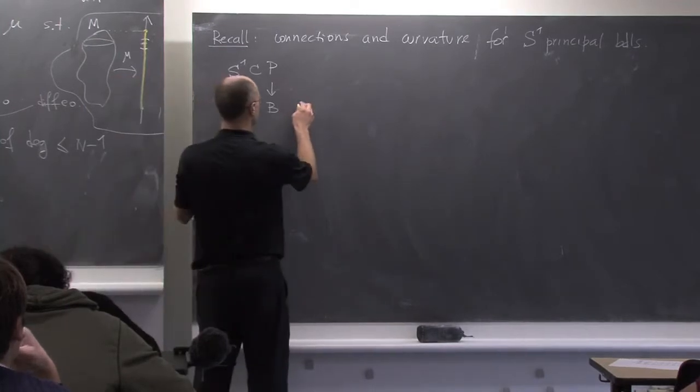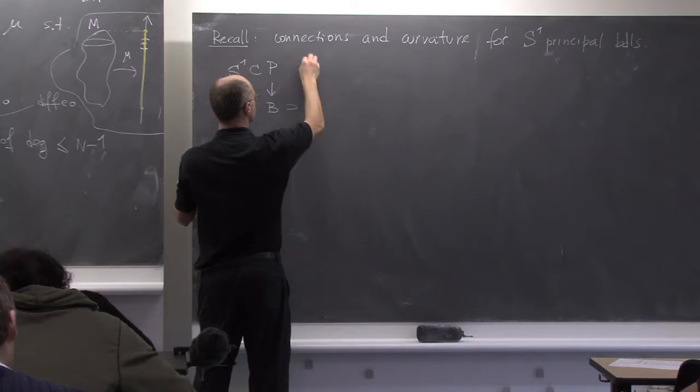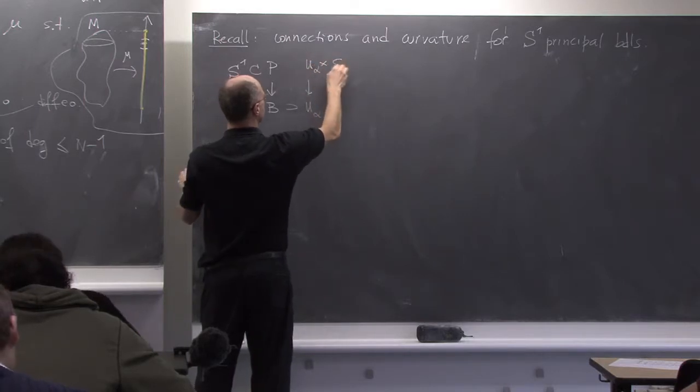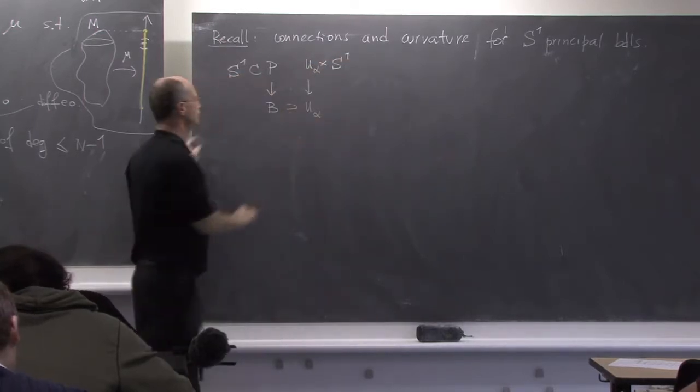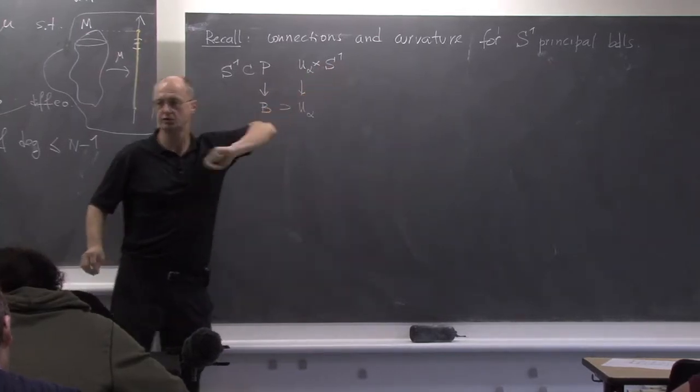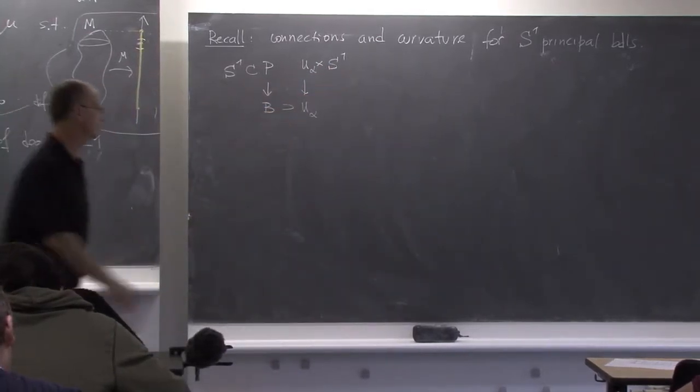So it's covered by charts, and over charts P is simply isomorphic to U alpha times S1.